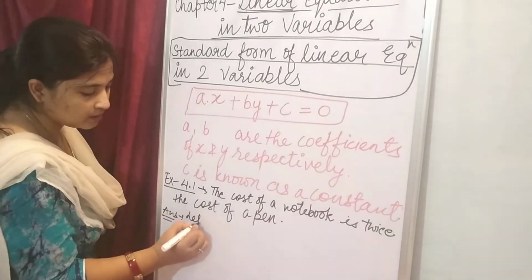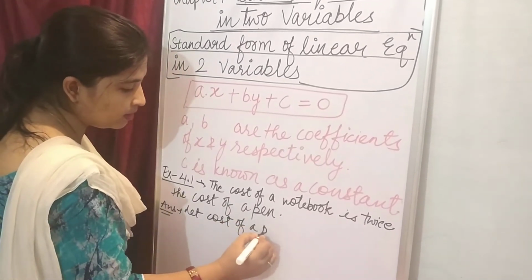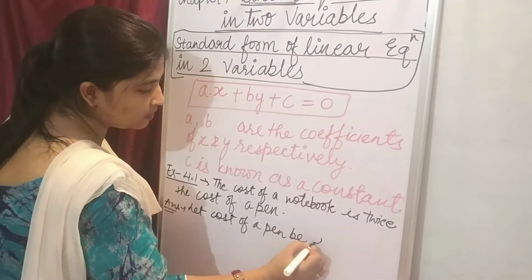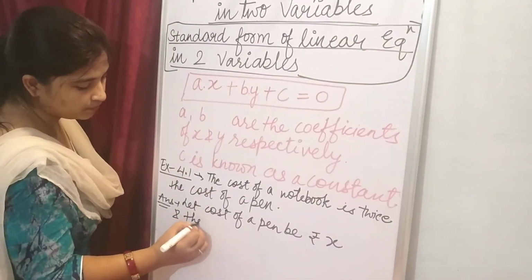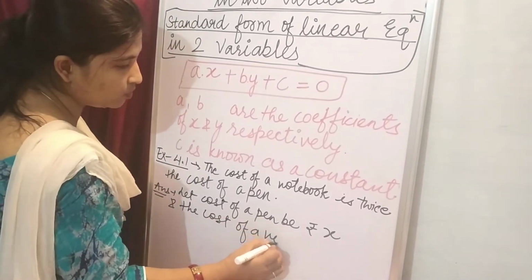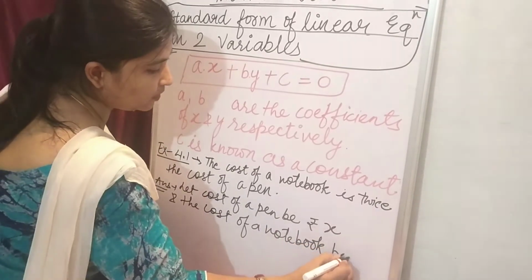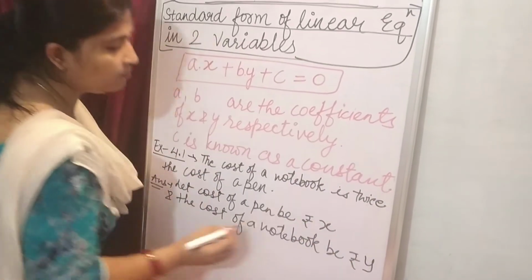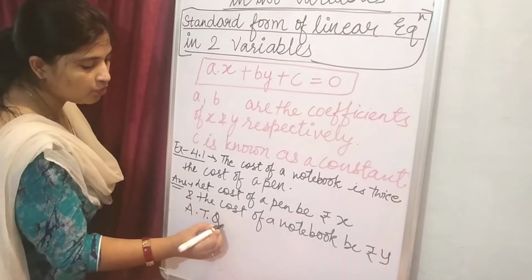So let the cost of a pen be rupees X, and the cost of a notebook be rupees Y. I'll move according to the question, A, T, Q, that is, according to the question.